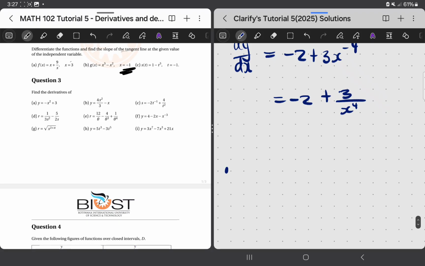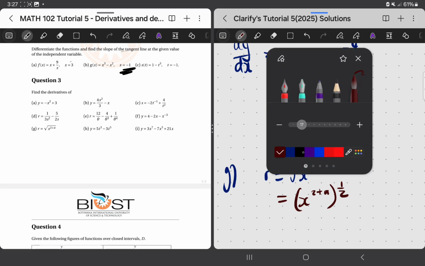Okay, then we can go to part G, which is saying we have r equal to the square root of x to the 2 plus pi. Okay, now what do you do? We know what square root is. It's going to be the power of half. So we can say r is equal to x to the 2 plus pi, all to the power of half. Now what do you do when you have a power raised to another power? You multiply the powers.